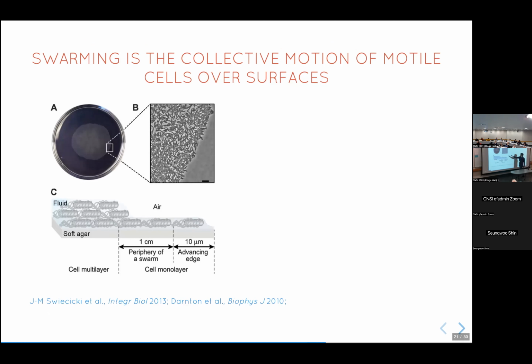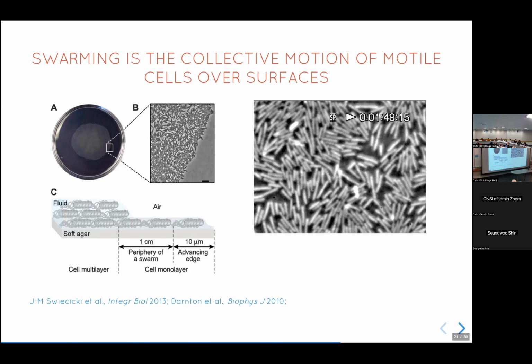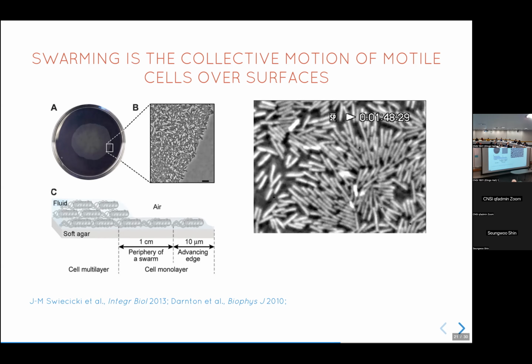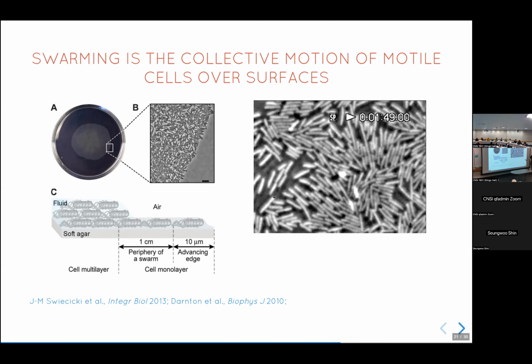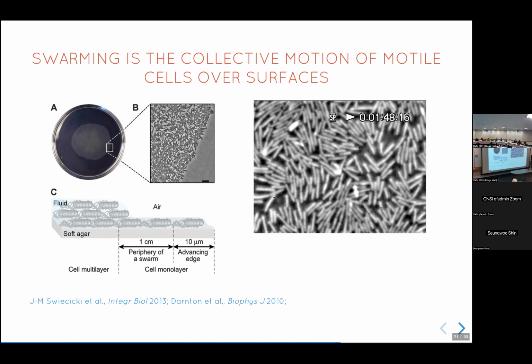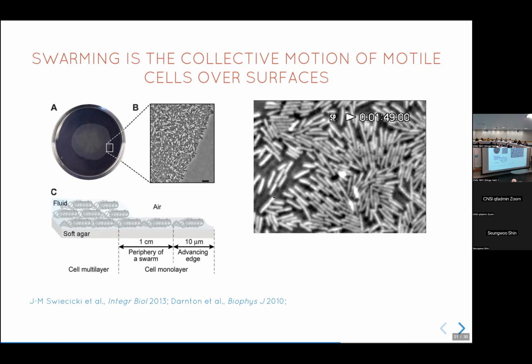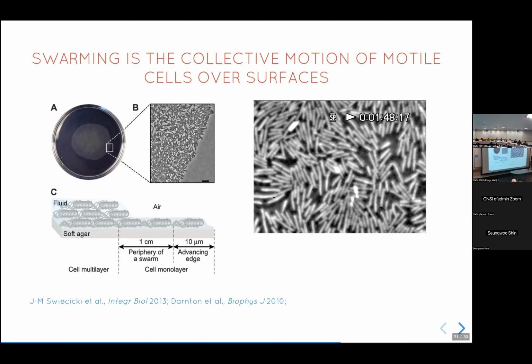In a zoom in at the edge of the colony, you have gazillions of cells, and each one of those cells has its flagella. They're constantly driving their flagella to move forward. And this is a video taken from Howard Berg's lab, which shows at the edge of the swarm, these cells are in constant motion. So this has actually been the basis of a lot of work in active matter.